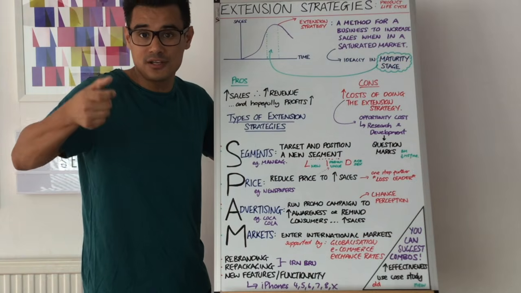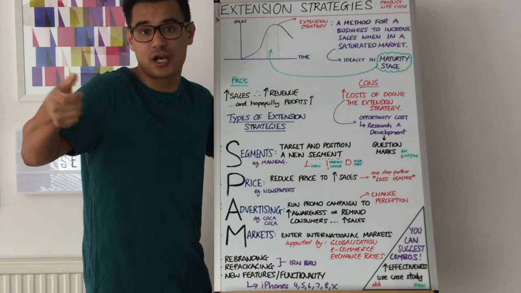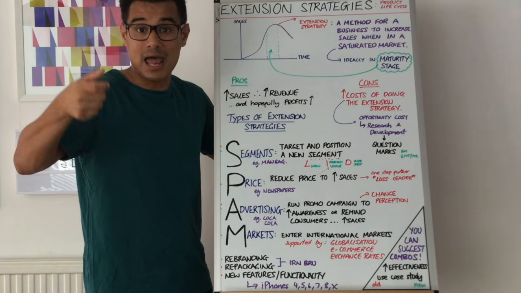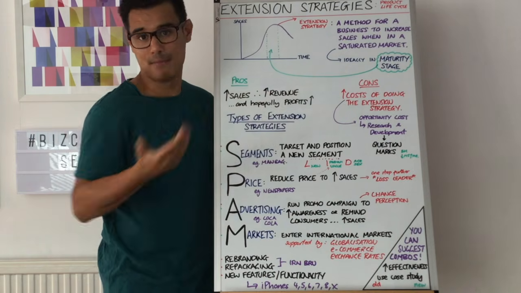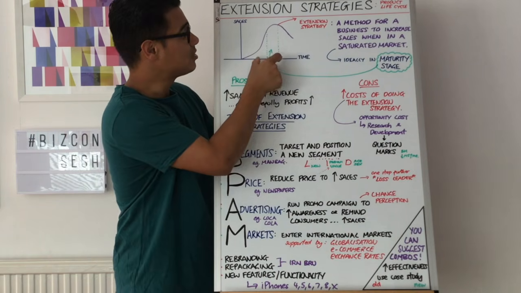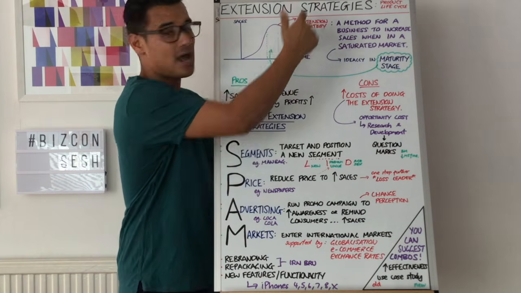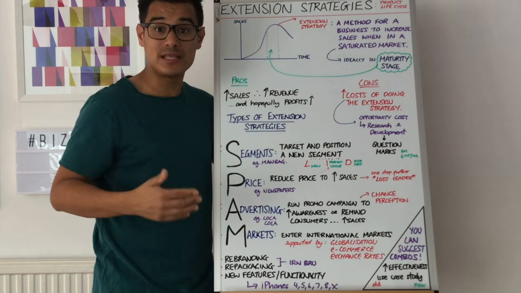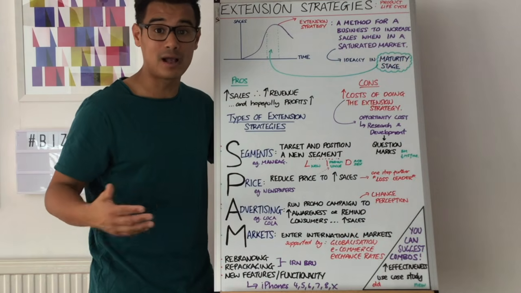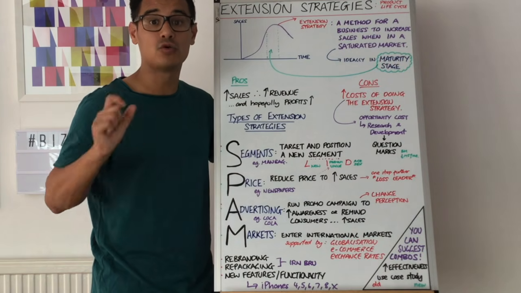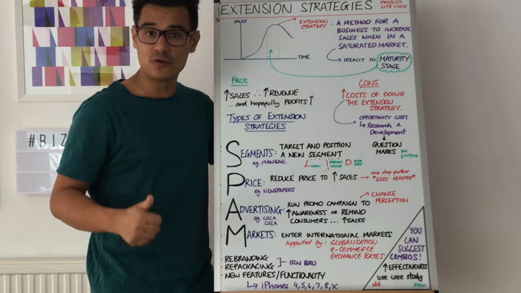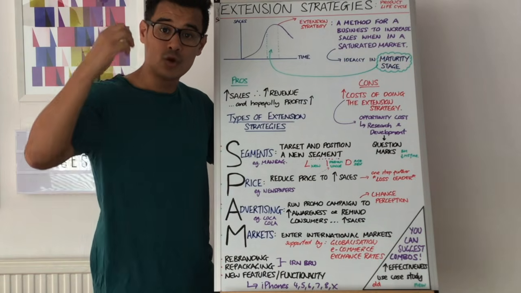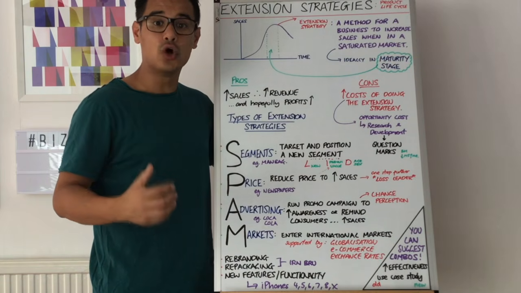Each has a different feature, a different functionality, and that allows Apple to remain in the maturity stage and keep those sales going. And that's probably why Apple is the first $1 trillion company by market capitalization, the biggest company in the world right now, 2018.